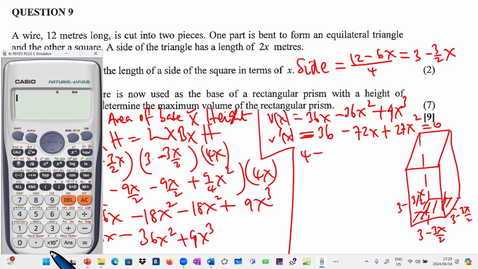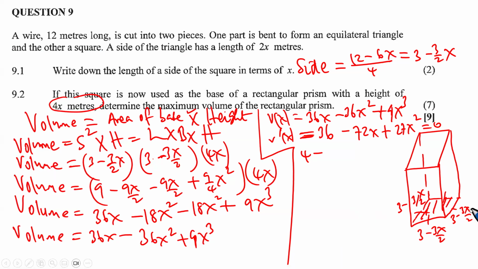If you divide 72 by 9, well done, it's exactly 8. So you therefore be able to see that here is going to be 8x. Divide by 9 here, it's going to be 3.